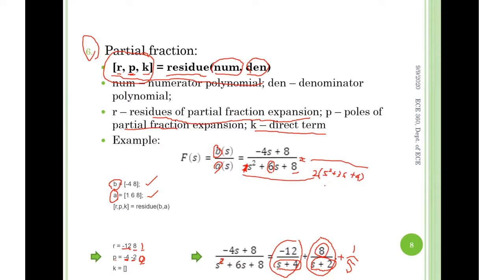Be very careful, everybody. This denominator 2 is considered as what? Constant gain in the numerator, 1 over 2. This is the right way to deal with it. So pull this 2 in the denominator out to write it onto the numerator as 1 over 2. This will avoid any confusion.